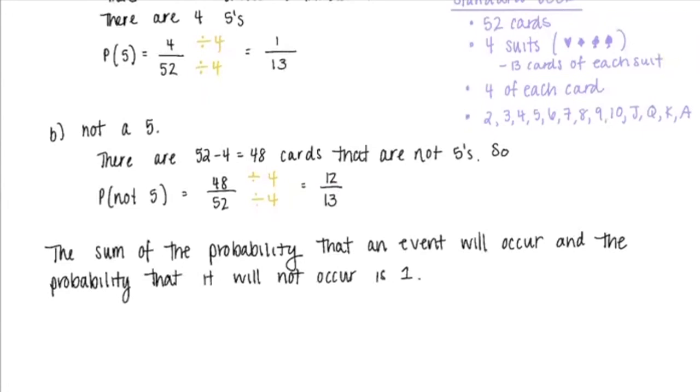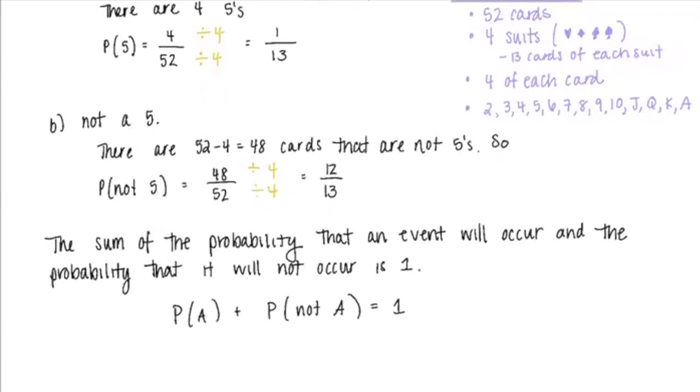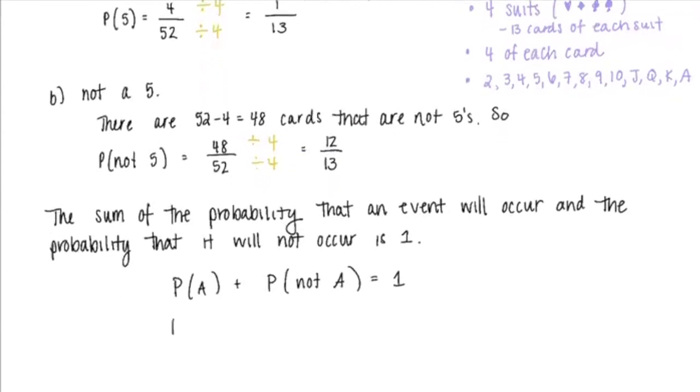So basically, the probability of event A happening plus the probability of not event A happening is always equal to 1. You can rearrange this a bit, depending on what you need to solve for. If you want the probability of not A, it's 1 minus the probability of A occurring, or vice versa.